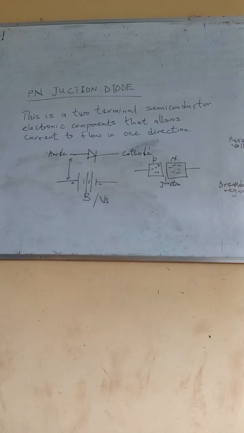When we say reverse bias of a diode, it means we connect the positive terminal of the battery or voltage source to the cathode, the negative of the diode. We now connect the negative of the battery to the positive of the diode, the anode. That's what we call reverse bias. We interchange the terminals.